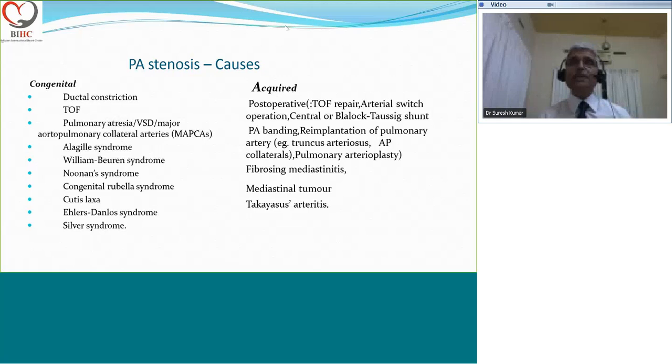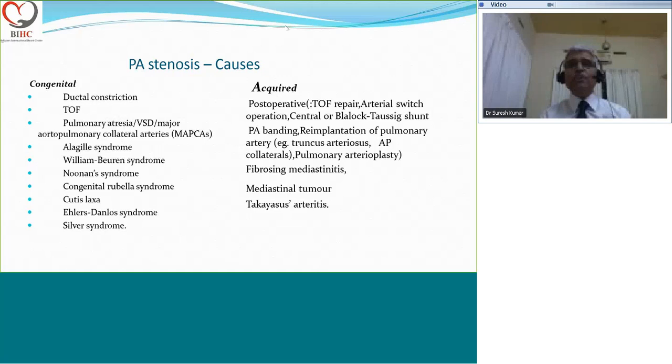When you have done a systemic pulmonary shunt, at the receiving end of the shunt, when you have done a pulmonary arterial banding in the supravalvular MPA, when you have reimplanted the pulmonary artery in truncus or collaterals or an abnormal origin of RPA from the aorta, all these are causes of acquired stenosis. Following radiation, you can get a fibrosing mediastinitis which can involve the pulmonary arteries. Mediastinal tumors, Takayasu arteritis, all these can be causes for acquired pulmonary artery stenosis.